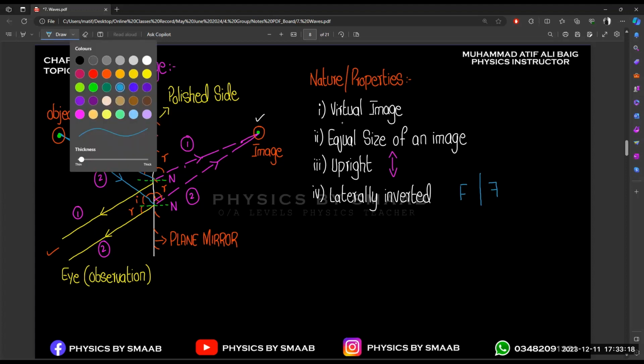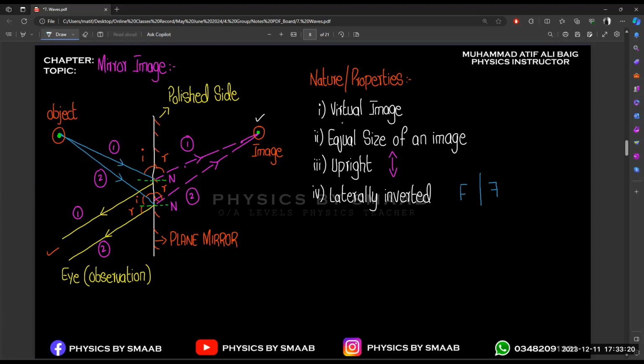And one more property: image and object are equidistant from the mirror.